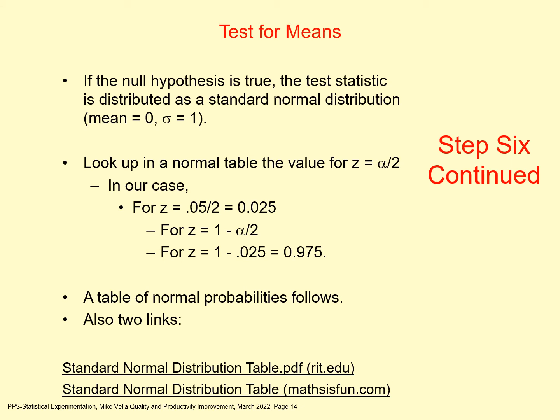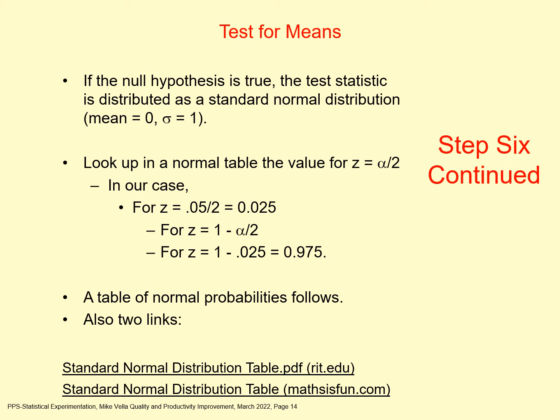In our case, alpha is 0.05, that's the 5%, divided by 2, and that's 0.025. For Z equals 1 minus alpha divided by 2, and that is 0.975. So I'll show you how to find those in our table of cumulative normal probabilities which follow.